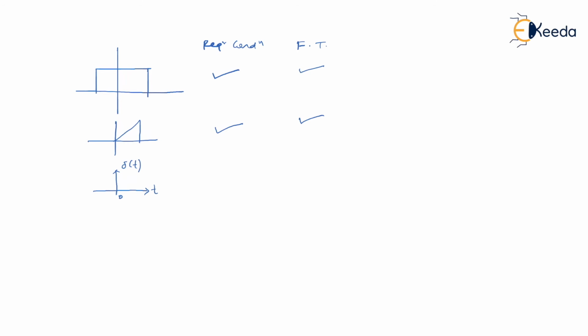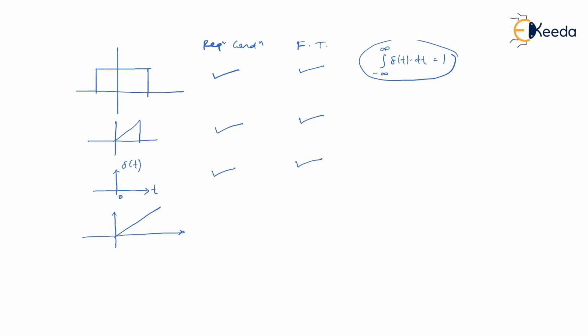Then of course even del of t is absolutely integrable, because the standard formula says integrating over minus infinity to infinity, del of t dt is always 1. It has got unit area, and that's the reason why it is also called a unit impulse. Am I right? So of course this is again satisfying the required condition. It is absolutely integrable. Yes, then Fourier transform will exist.